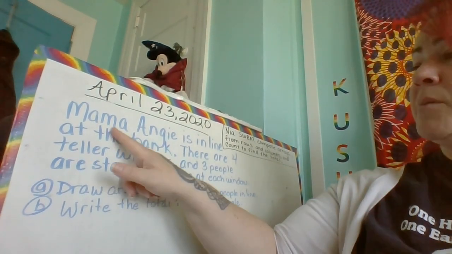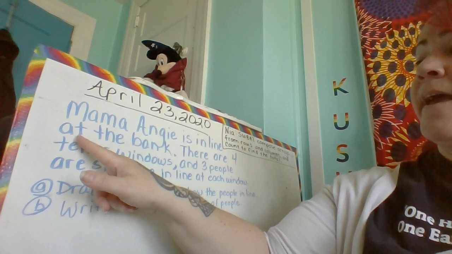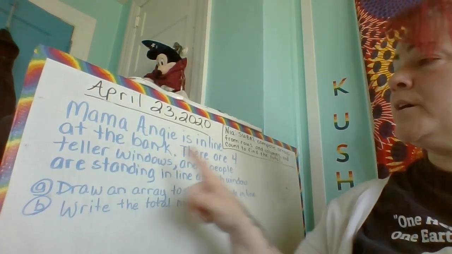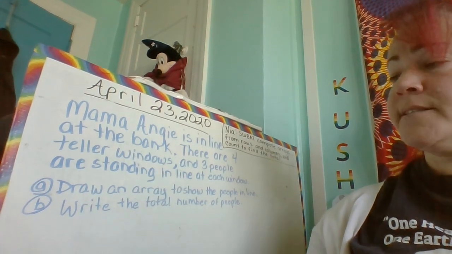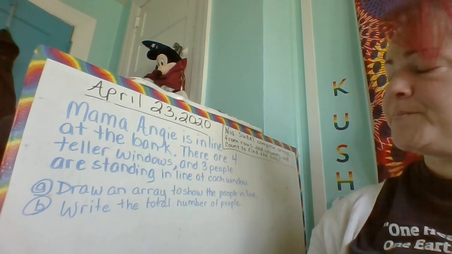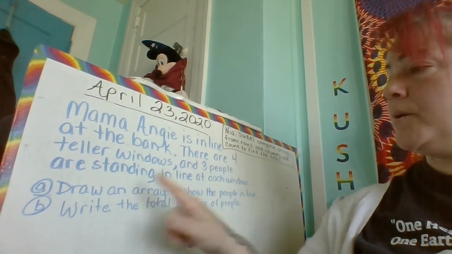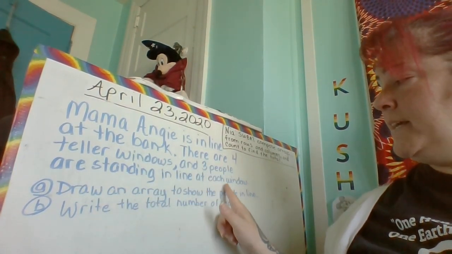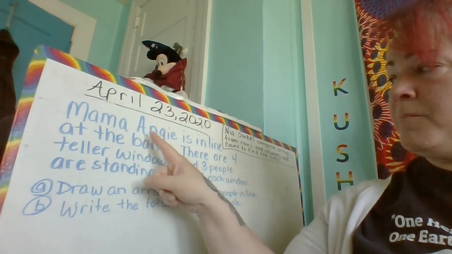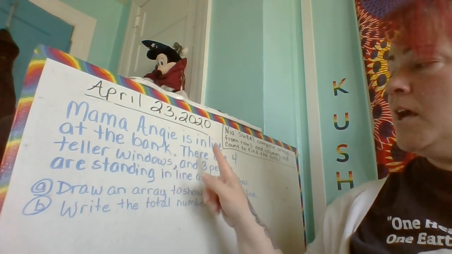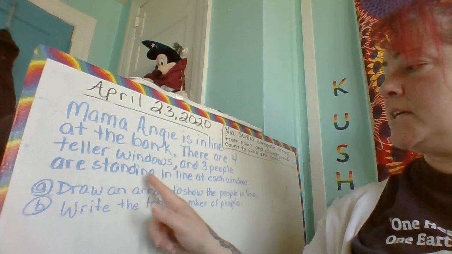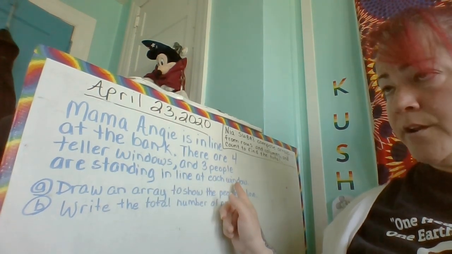And my problem says, Mama Angie is in line at the bank. There are 4 teller windows. Teller windows are the people who work at the bank. They're called tellers. And 3 people are standing in line at each window.